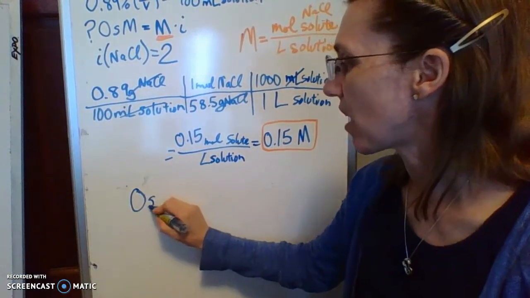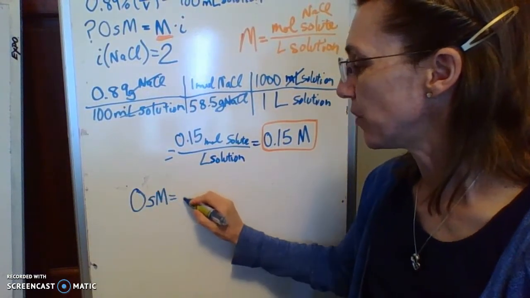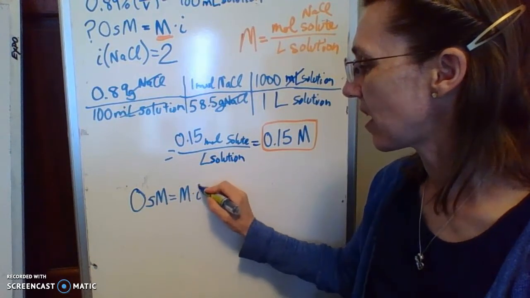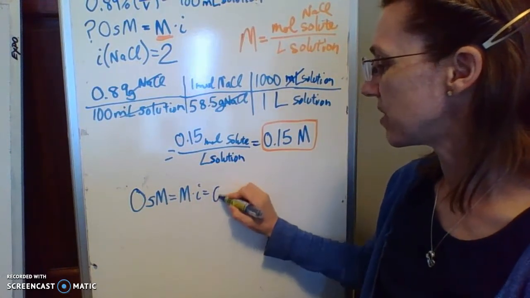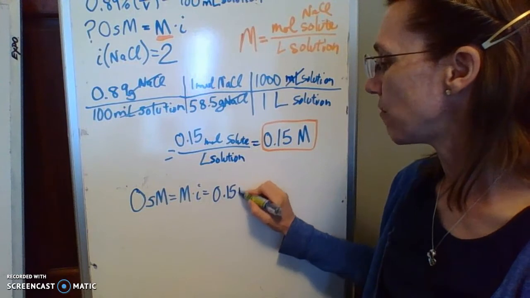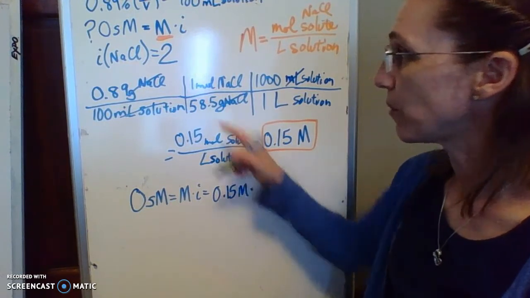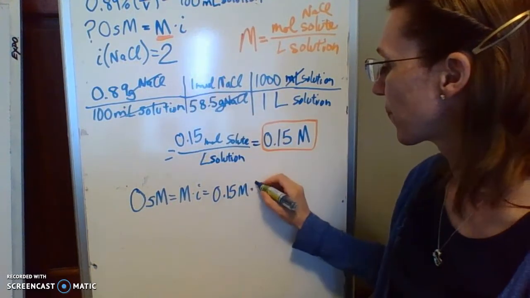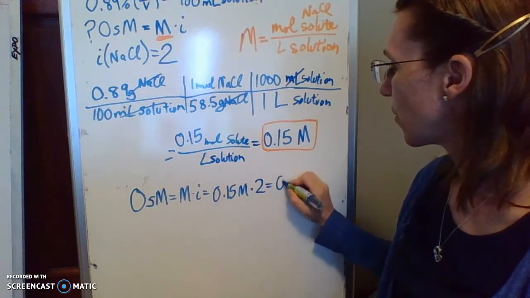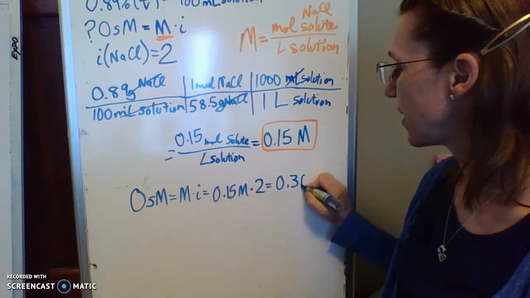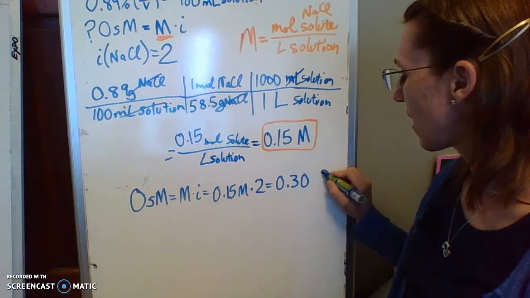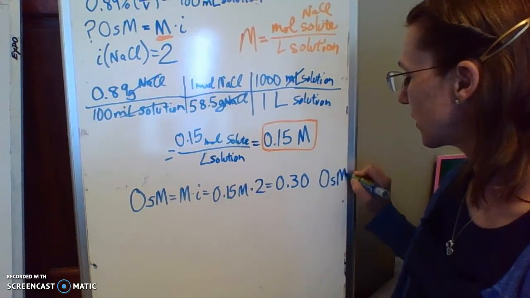We were asked for the osmolarity, so that's what we're going to do. It's molarity times I. Our molarity was 0.15 molar. Our I, we said, was 2. So we get 0.30 osmolar.